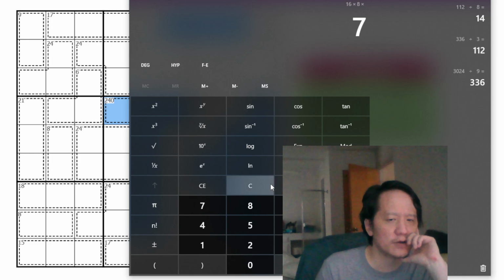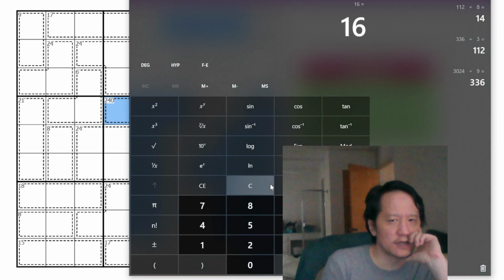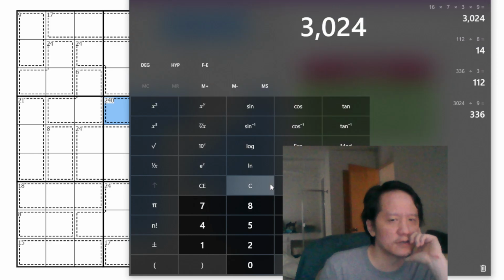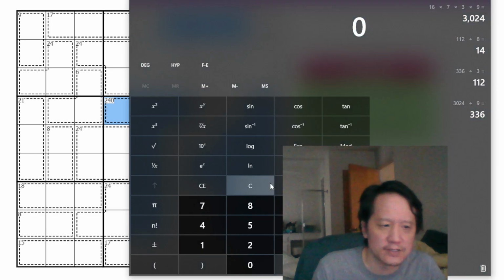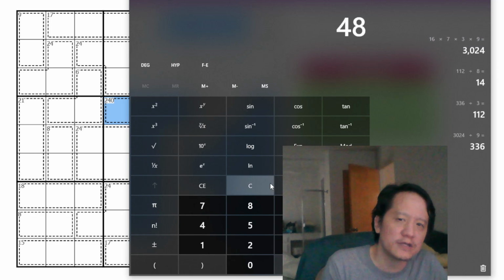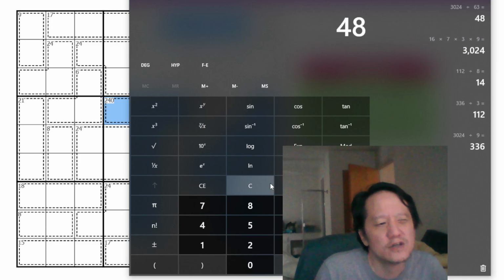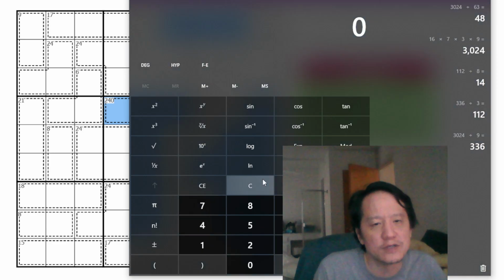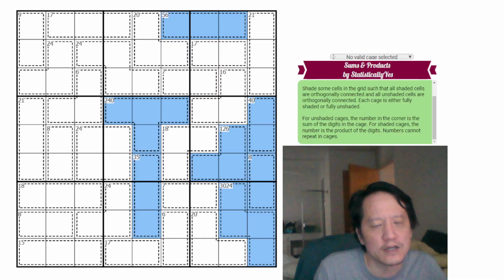No, that's wrong. 16 times 7 times 3 times 9. So there is a 9 and there is a 7. So 3024 divided by 63 is 48. So that's 16 times 3. So there's an additional 16 and an additional 3.